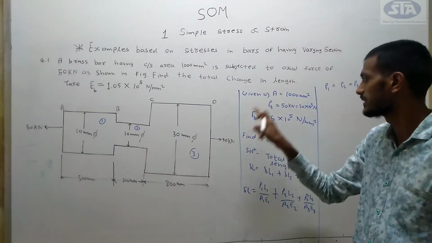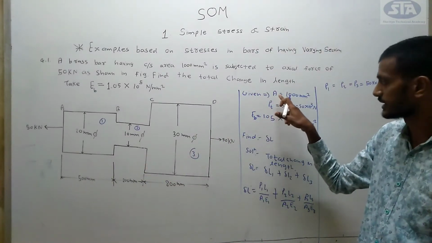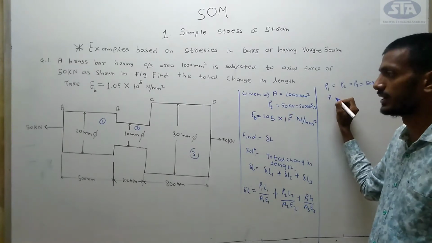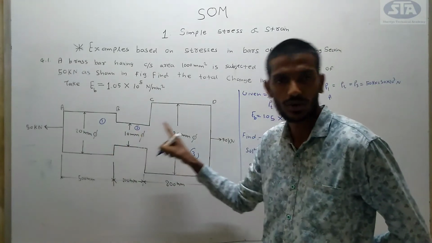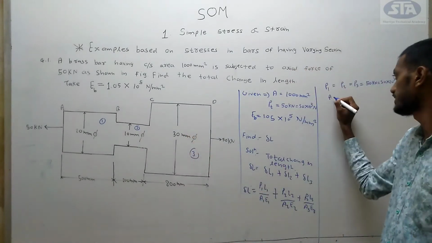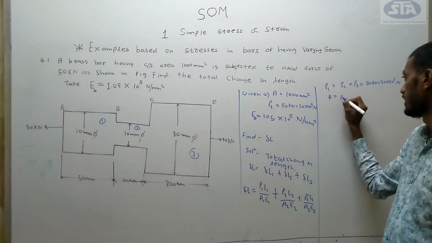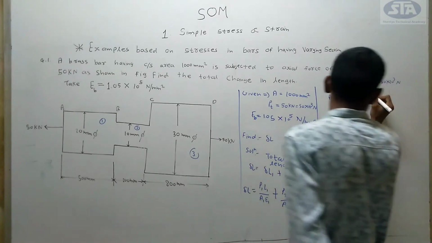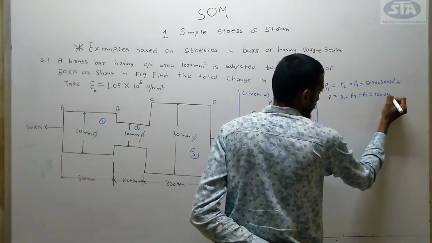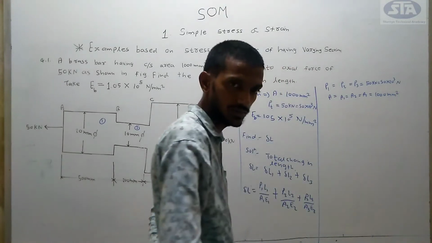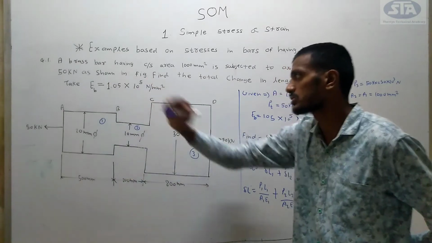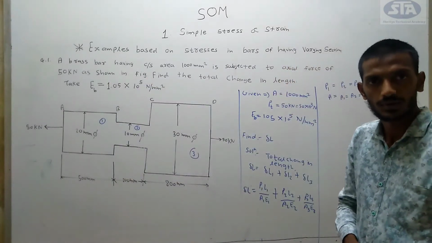After that combination we get the area, already mentioned in the question, so no need of finding area 1, area 2, area 3. Hence we write A equal to A1 equal to A2 equal to A3, equal to 1000 mm square. Next, modulus of elasticity for brass is given.